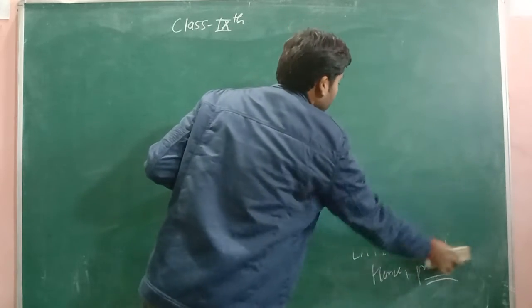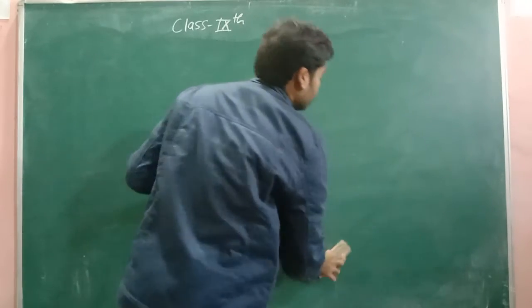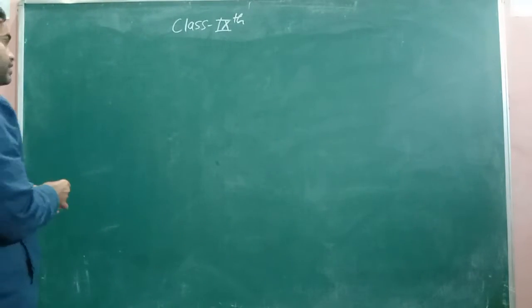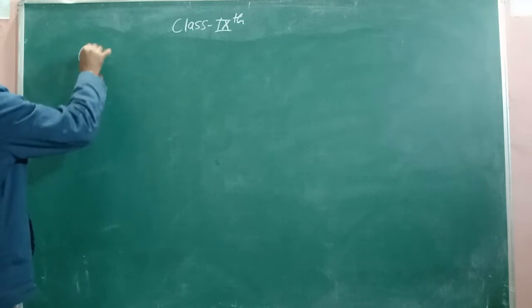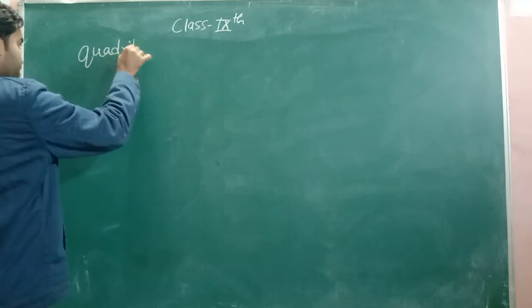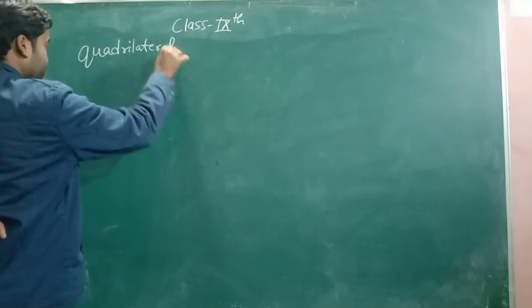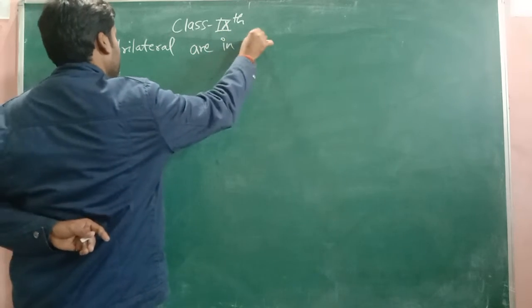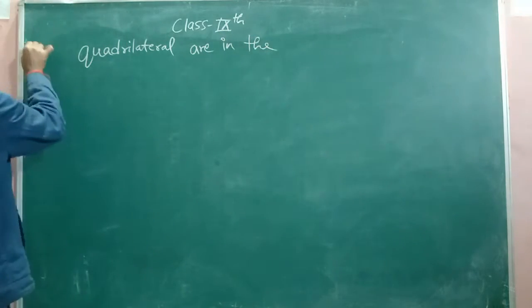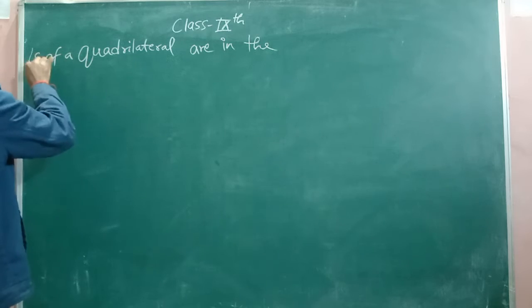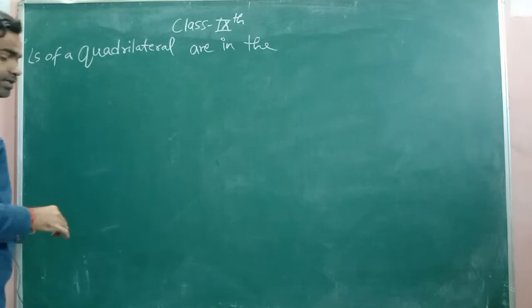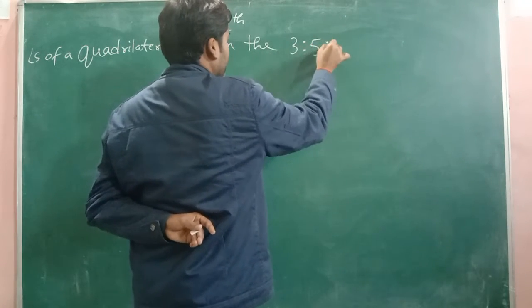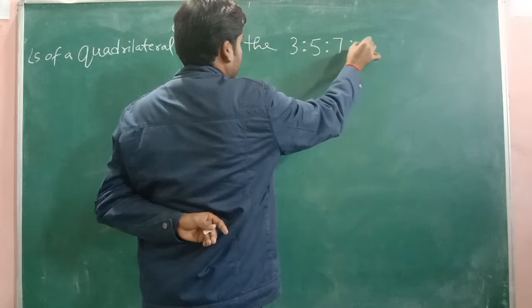The interior angles of a quadrilateral are in the ratio 3:5:7:9.